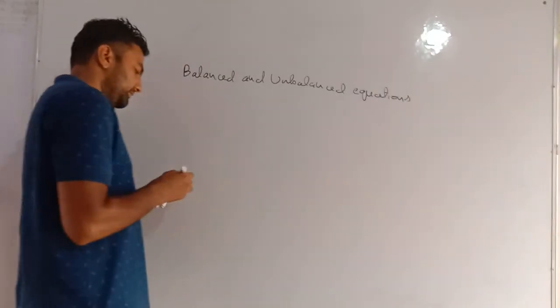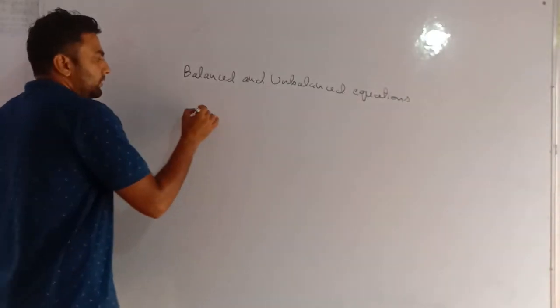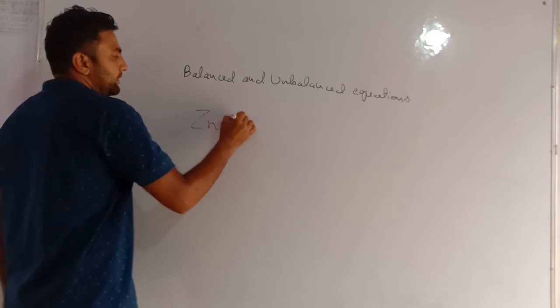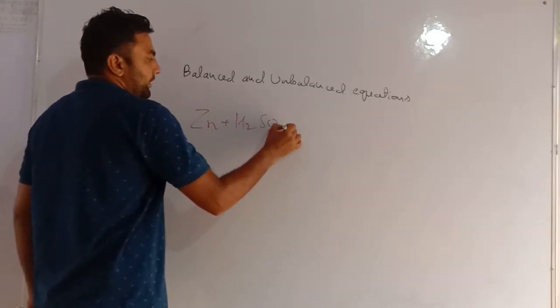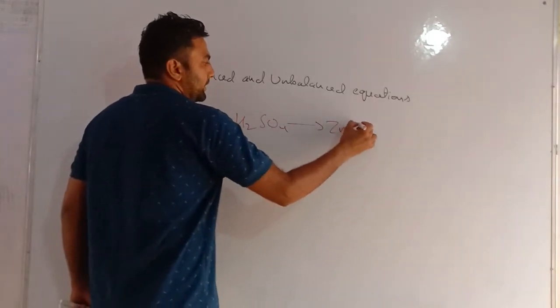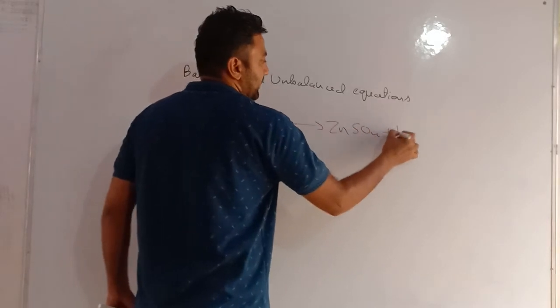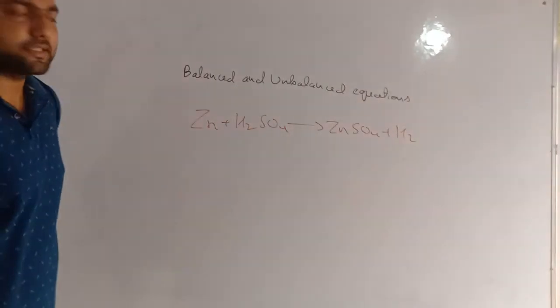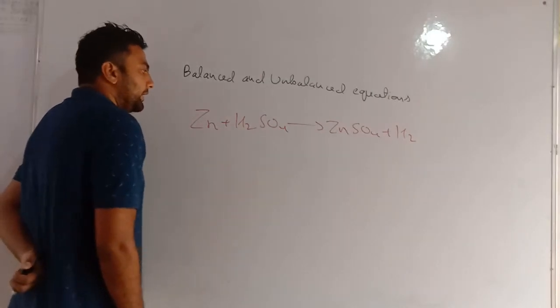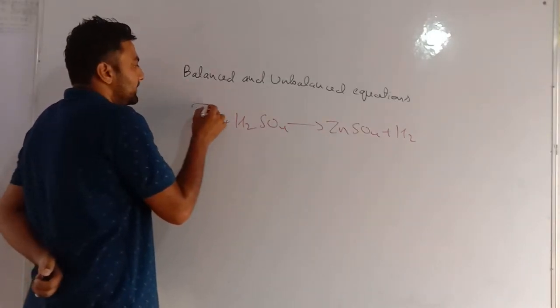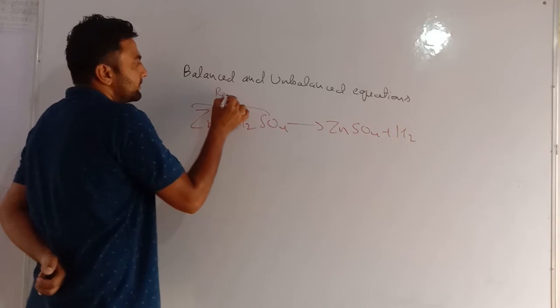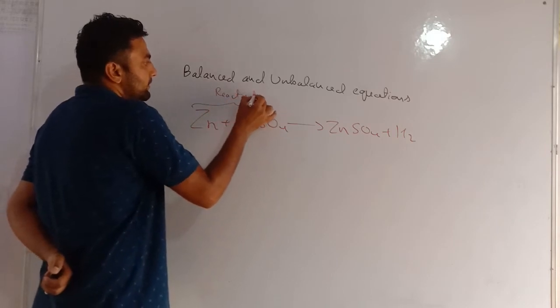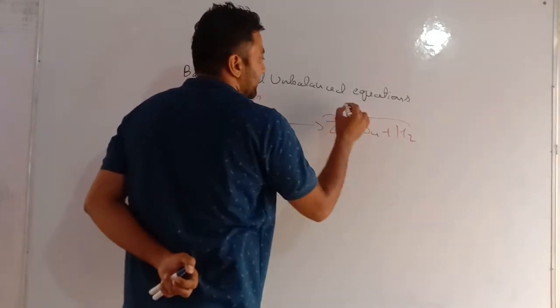See dear students, when zinc reacts with sulfuric acid, we get zinc sulfate plus hydrogen gas. We saw this in the evolution of gas topic. Here you can see these are the reactants and these are the products.